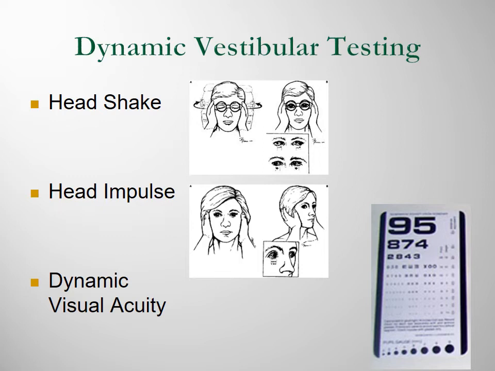It will sometimes help us in localizing the possible site of lesion. Head impulse test, looking for a corrective saccade, is also very important.